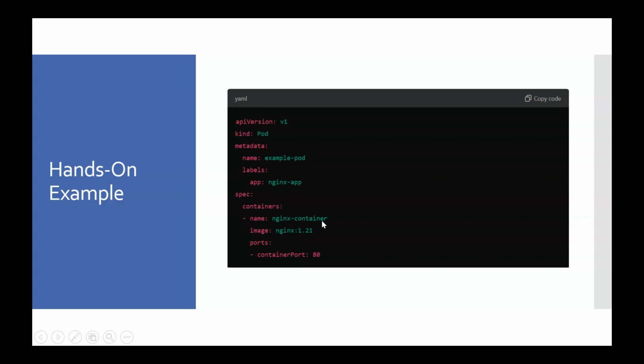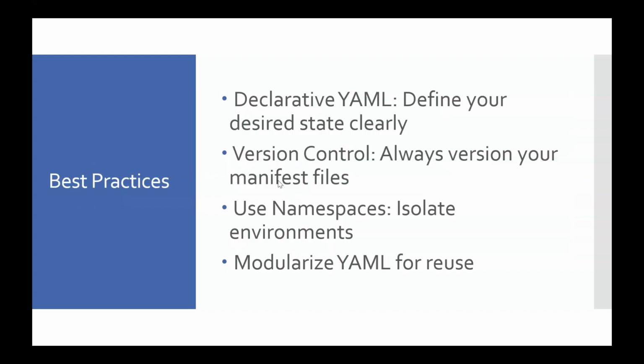So this will create this container with this image. We have provided the container port as 80. Okay, so this will create another pod with example-pod. You can go ahead and try that YAML file. I'll be showing the demo in future videos when we start the demo.